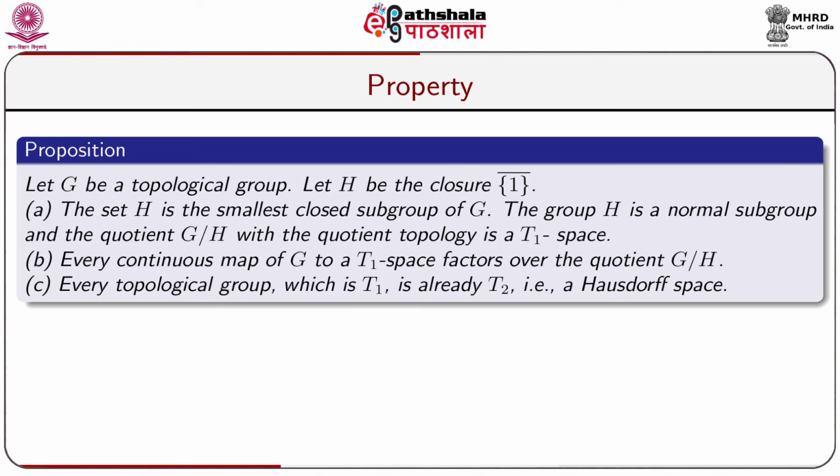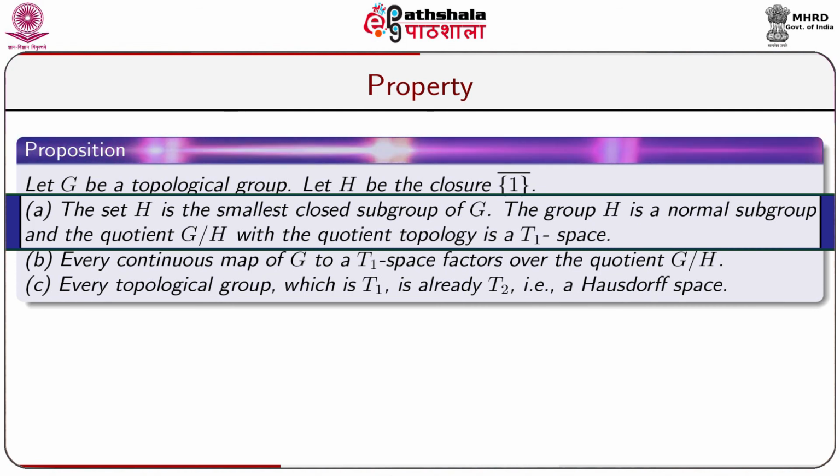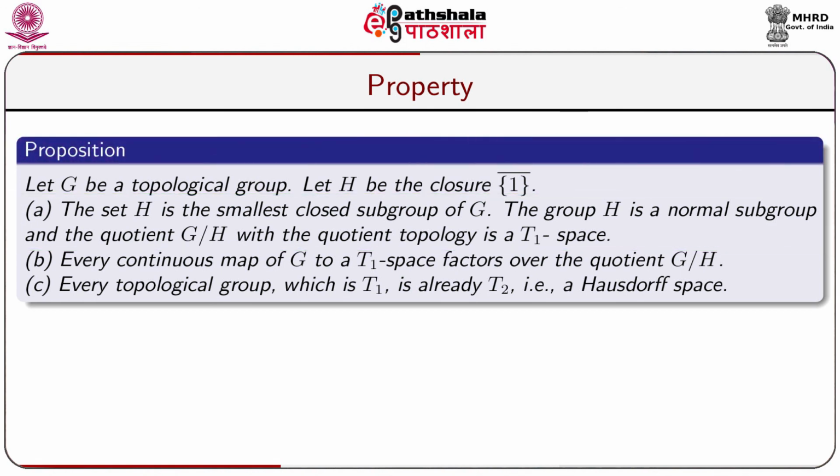Finally, we shall prove that if G is a topological group and H is the closure of the singleton set containing 1, then the following hold. The set H is the smallest closed subgroup of G. The group H is a normal subgroup and the quotient G by H with the quotient topology is a T1 space.